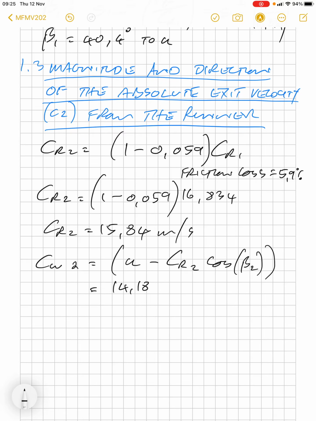That'll give us 14.18 minus 15.84 cos 35.5 degrees, and CW2 then equals 1.284 meters per second.